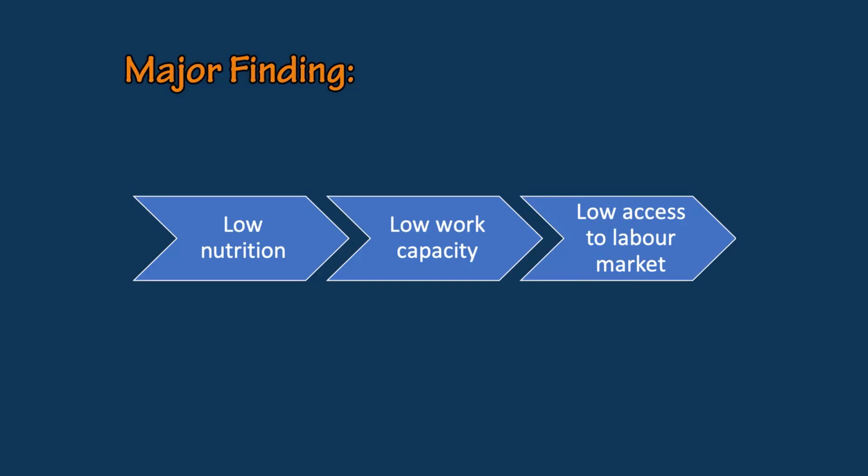It is the low level of nutrition which generates low work capacity, and which in fact creates low access for the laborers in entering the labor market. So, nutrition and the ability of laborers to enter into the labor market are intensely linked.